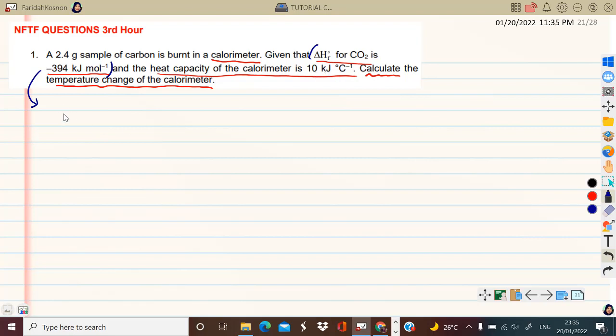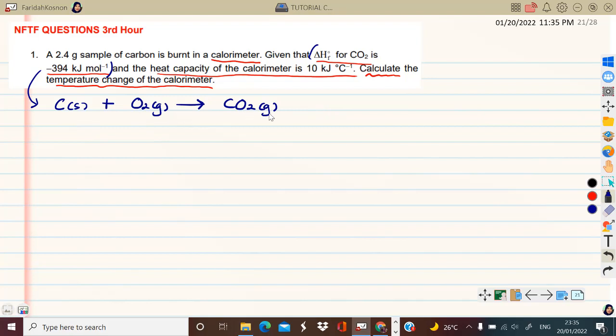This is the thermochemical equation where carbon solid burns in oxygen gas to produce carbon dioxide gas. In order to show the standard enthalpy of formation, the carbon dioxide gas, which is the product, must be 1 mole.